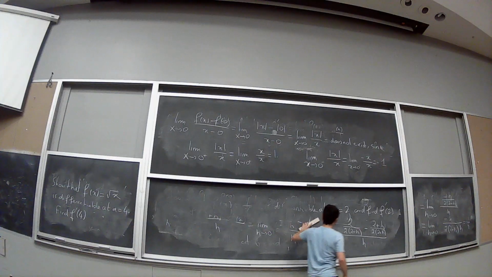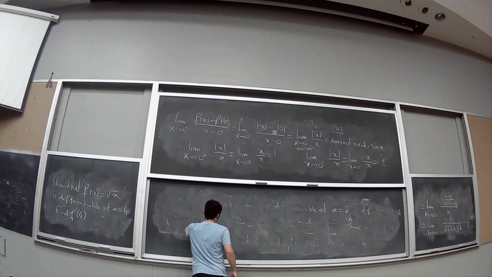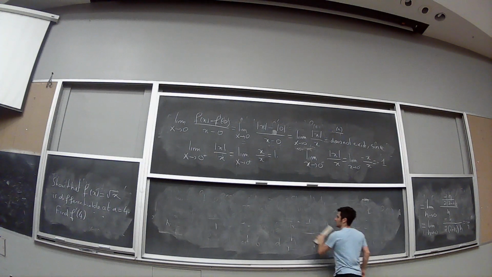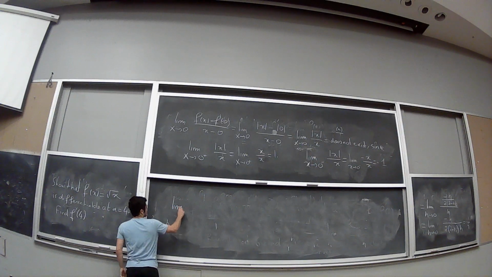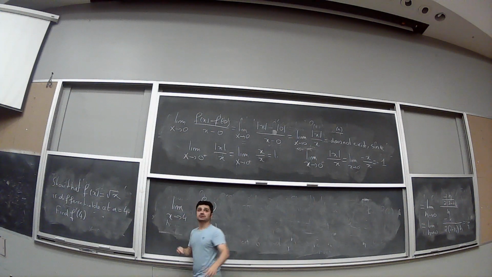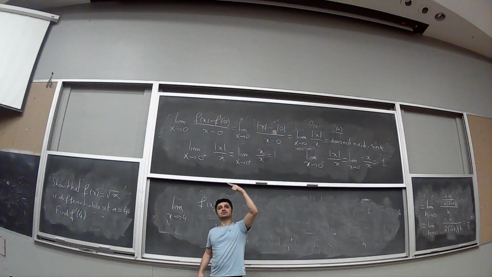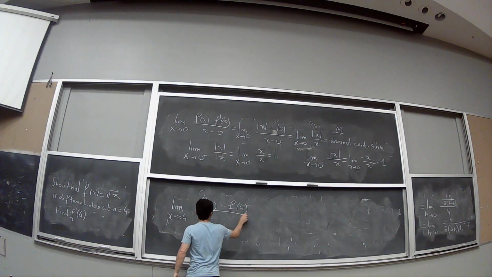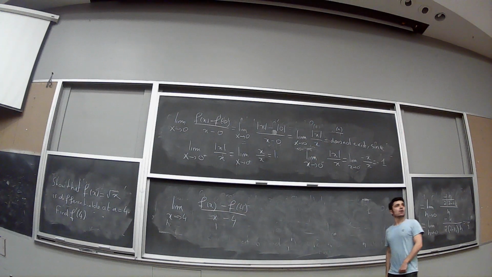I need to look at the limit as x approaches 4 of what, everybody? f of x minus f of 4, divided by x minus 4. Okay? What is that limit?